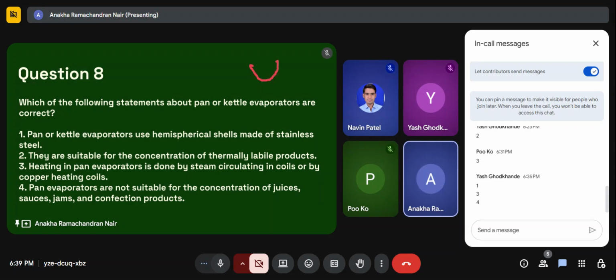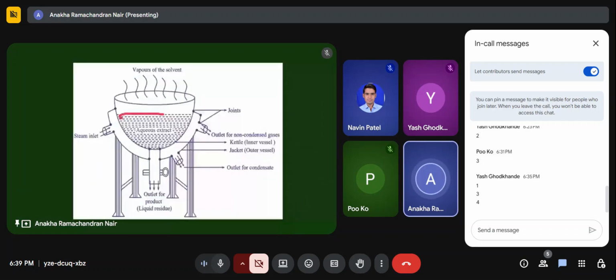So, this is a pan or kettle evaporator. You have an aqueous extract of the juice that you're trying to concentrate, and the vapors of the solvent will evaporate, and you will be left with a concentrated form of what you originally started with.